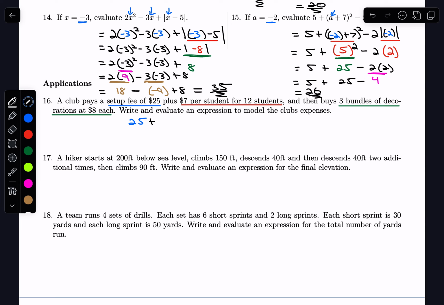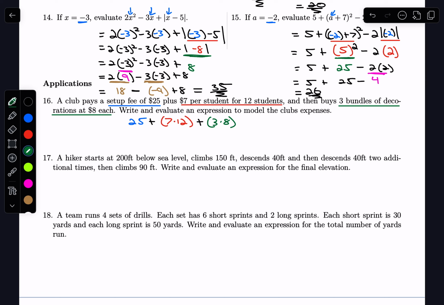And then we are paying $7 per student for 12 students. So that is going to be $7 multiplied by 12. And then we're buying 3 bundles at $8 each, so we're going to have 3 bundles times $8 each at the end.